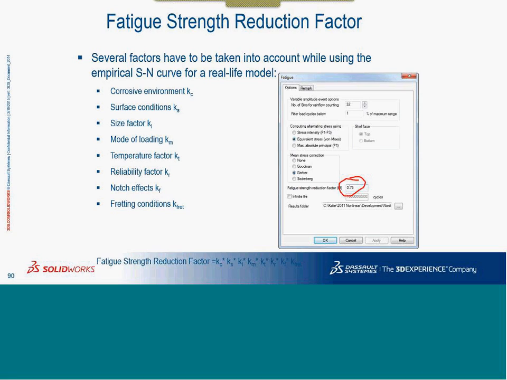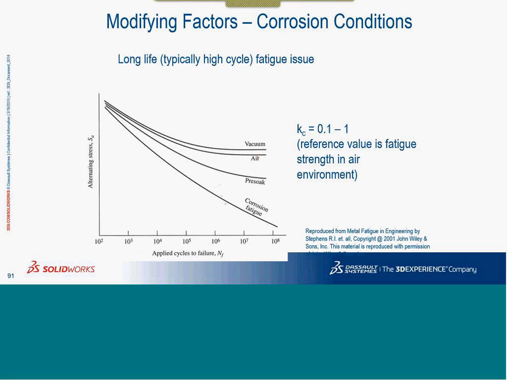In the fatigue analysis, that factor is going to reduce or tell the software that, depending on the geometry, this is what we need to opt for in terms of results. So these things have been in one way or the other discussed here. There is something called the corrosion factor.